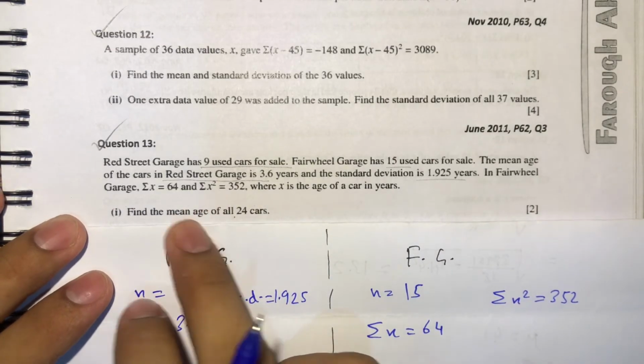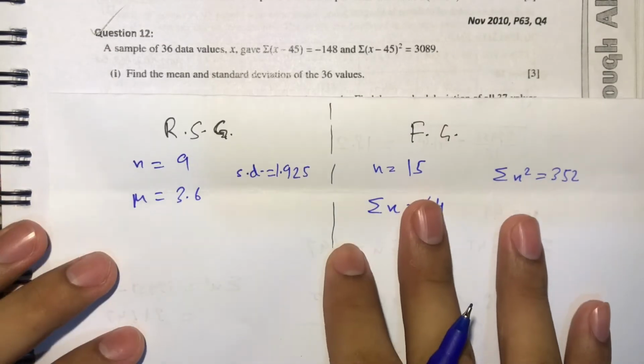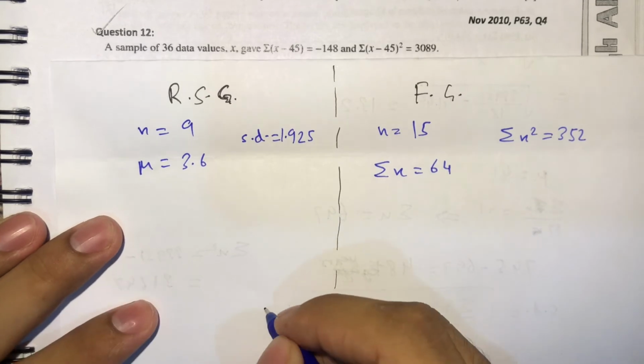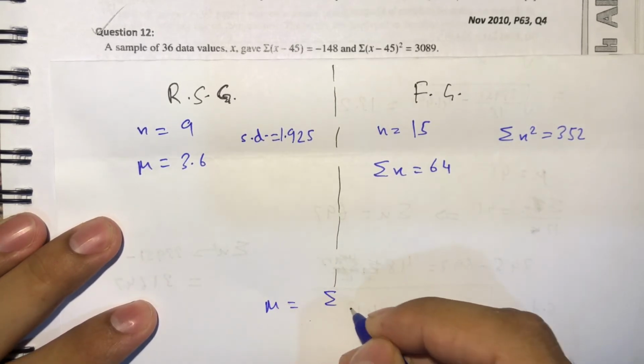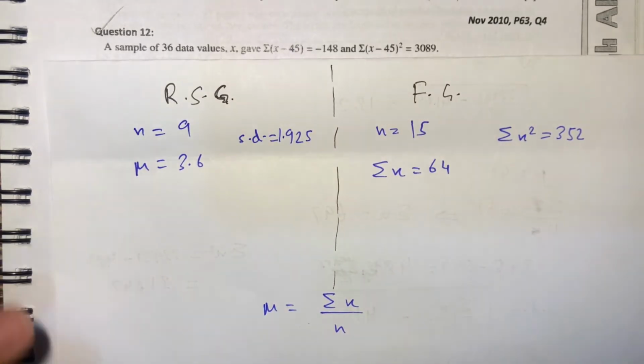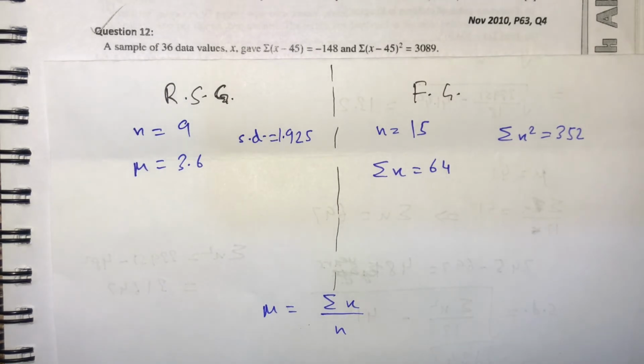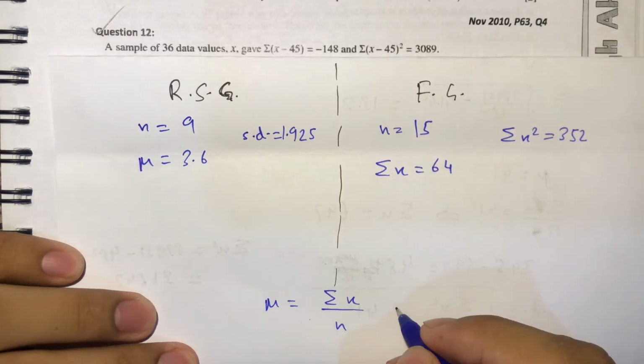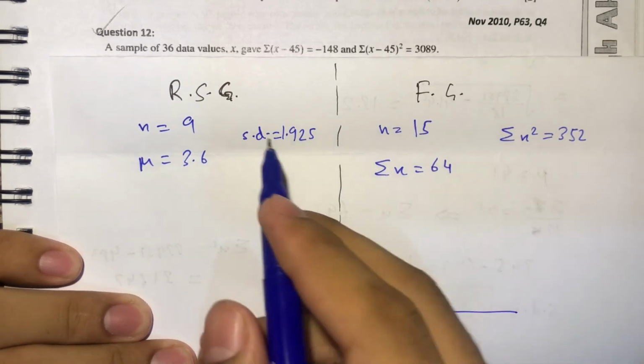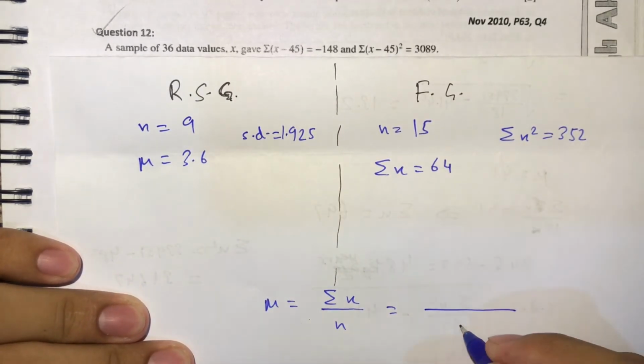Then they're saying find the mean age of all 24 cars, right? So the formula for mean is sigma x upon n. That means we have to add the ages of all the cars divided by the total number of cars, right? So the total number of cars will be 9 plus 15, that is 24.